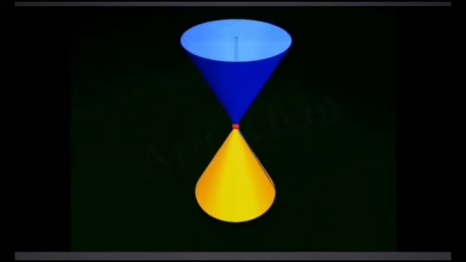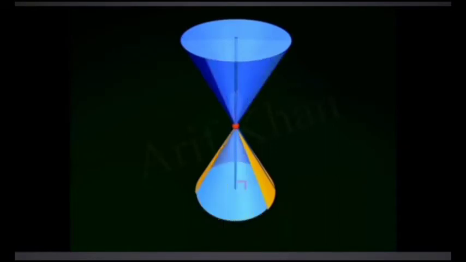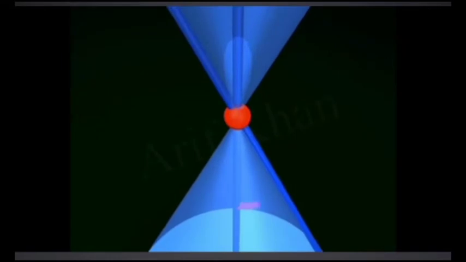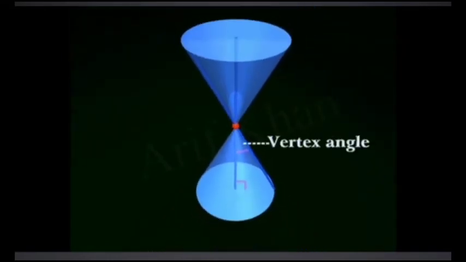A double right circular cone has 2 naps. The nap above the vertex is called the upper nap, and that below the vertex is called the lower nap. Also, the angle between the generator and the axis is called the vertex angle.